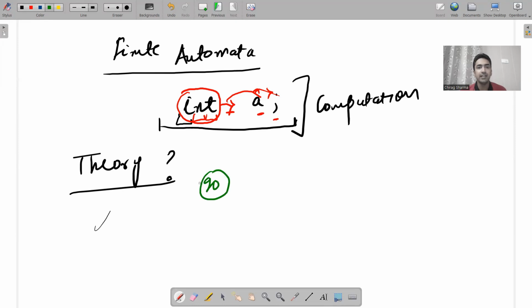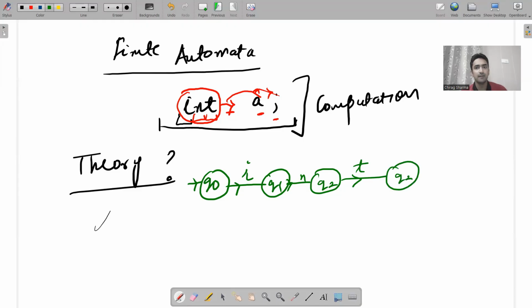Like I create a state. This is the initial state. Initially the compiler recognizes I, right? Then another state is created. Then the compiler recognizes this N. Then another state is created. Then the compiler recognizes this T. Then the compiler recognizes this space.